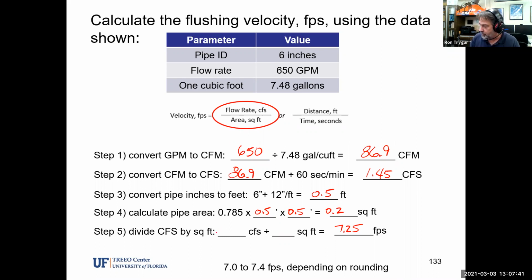And the square footage was 0.2 here, and the cubic feet per second was 1.45. So 1.45 divided by 0.2 came out to be 7.25. There we go. So that's our flushing velocity. That's a pretty fast pace, isn't it? That's a lot of flow rate through that line. So, all right, that's how we do it.